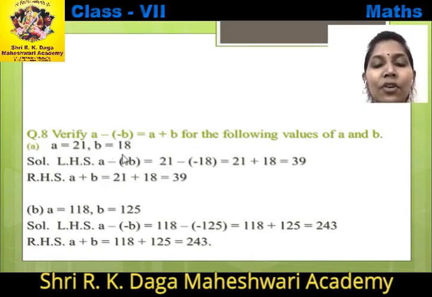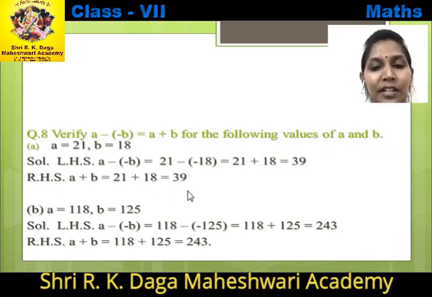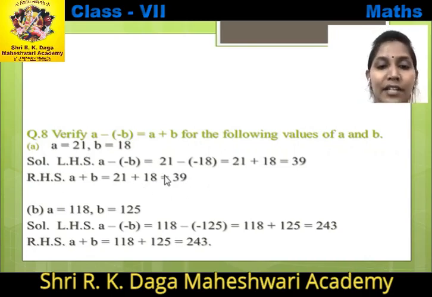Then put the value of a and b, which gives 21 minus minus 18, that is 21 plus 18, which is 39. In RHS we have a plus b. The values of a and b are 21 and 18, which gives the sum 39. So LHS is equal to RHS.